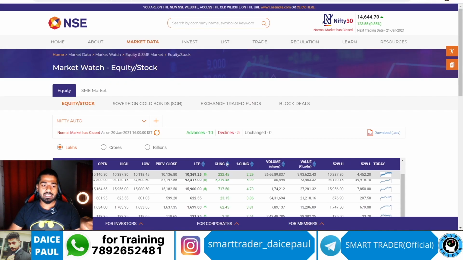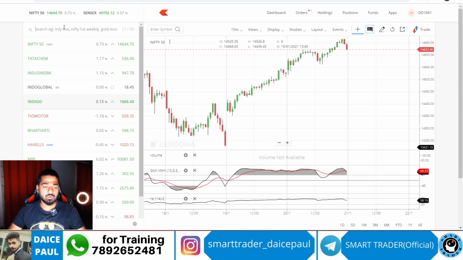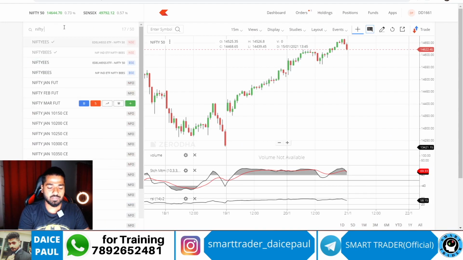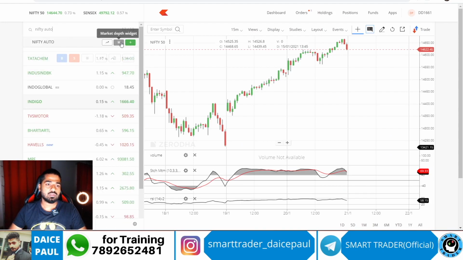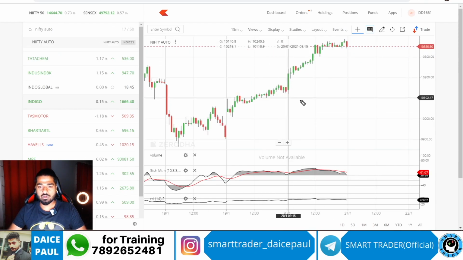You will go directly into this. Let's say Tata Motors is a top stock, so your overall index is also going up. If you want, you can type Nifty Auto and open the chart of Nifty Auto. Overall it's going in an upward slope. Now if I take Tata Motors, the chances of Tata Motors giving me more than 0.3 are higher here, because the sector is also going up, continuously bullish, right?